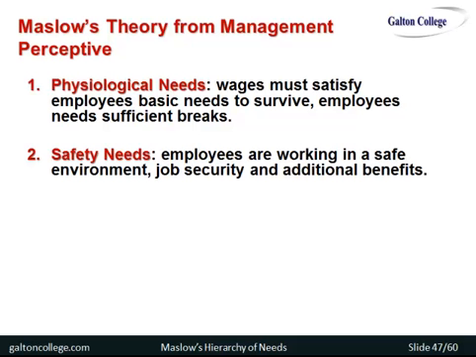So they need to have some sort of safety factored in, and management, if they supply this, will be seen as more cooperative with the workers. There will be more loyalty on the part of the workers, and one of the needs within the hierarchy will be checked. It'll be completed. So these are the first two that management need to recognize.